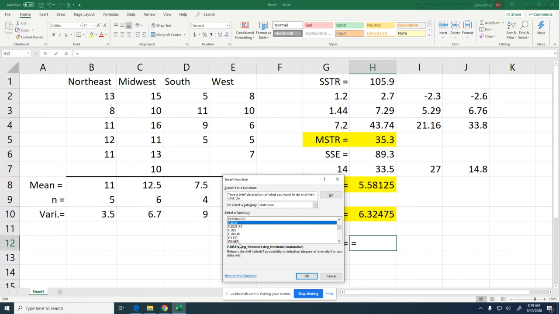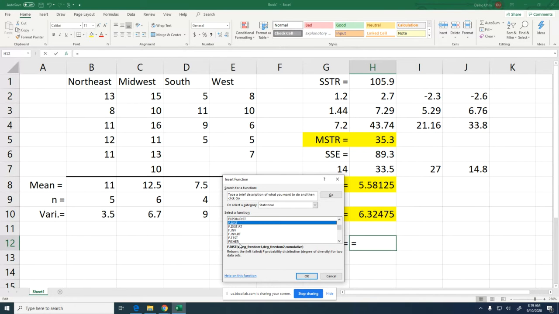Because the overall probability from 0 to positive infinity for any random variable is 100%, even though Excel gives us the left tail probability, we simply subtract from 1, and that will be the right one.